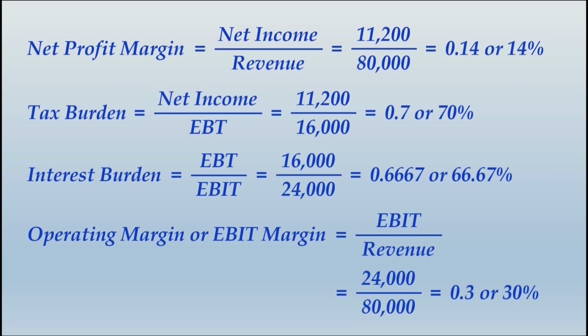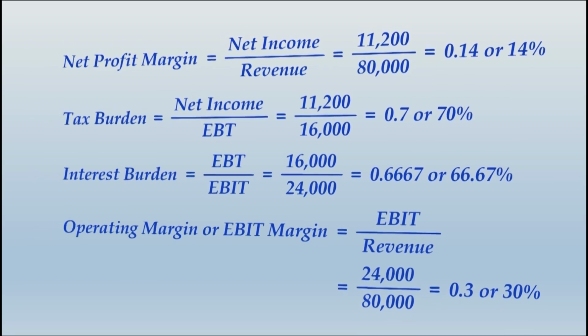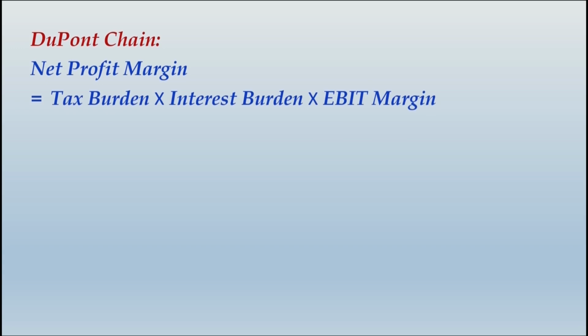Alright friends, once we have completed writing these calculations, let us move ahead and take up the next one. So in the DuPont chain, net profit margin will be broken down into three components. The product of these three components will match the net profit margin, and they are tax burden, interest burden, and EBIT margin. Tax burden was 70%, interest burden was 66.67%, and the EBIT margin is 30%.